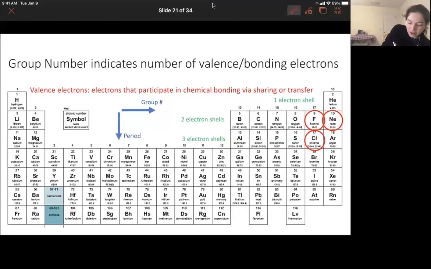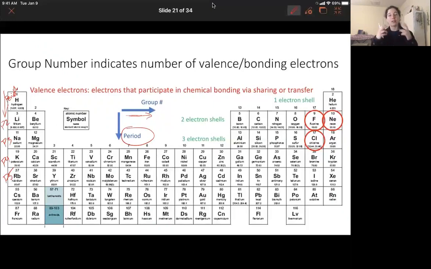All right. So let's take a look here at the period as well. This is what we called our group number when we go across this way. That's the group number on the periodic table. This is our period. Periods increase going down. So this is period 1, period 2, period 3, period 4, so on, period 5. And what this means is it's going to indicate to us how many electron shells there are.